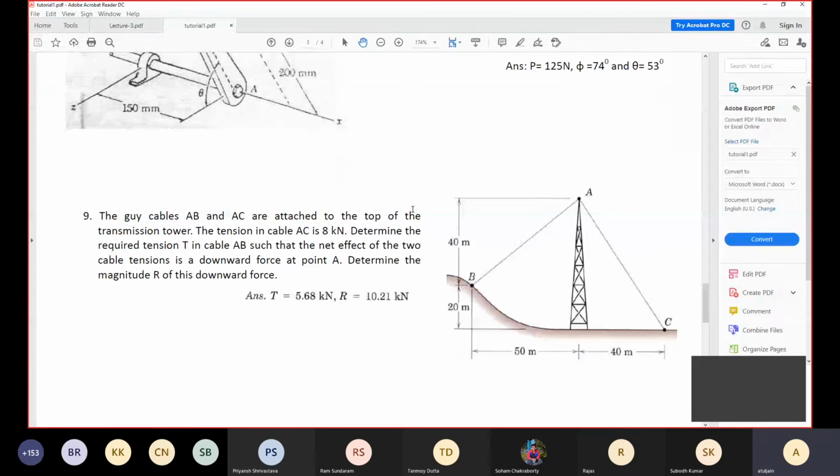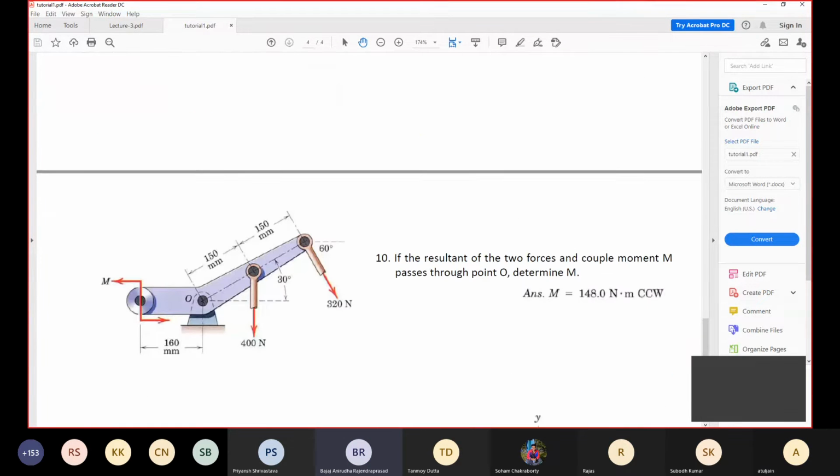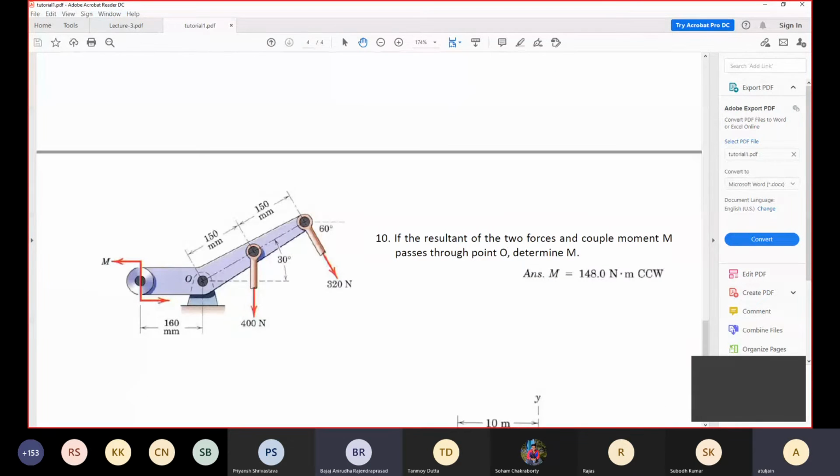Okay, sir. Question number 9 is very easy. It is very similar to the problem we had solved last week. Now question number 10. Basically they are saying, if the resultant of two forces and couple moment M passes through O, it means that if we resolve the two forces and this couple to point O, then it is only a force.